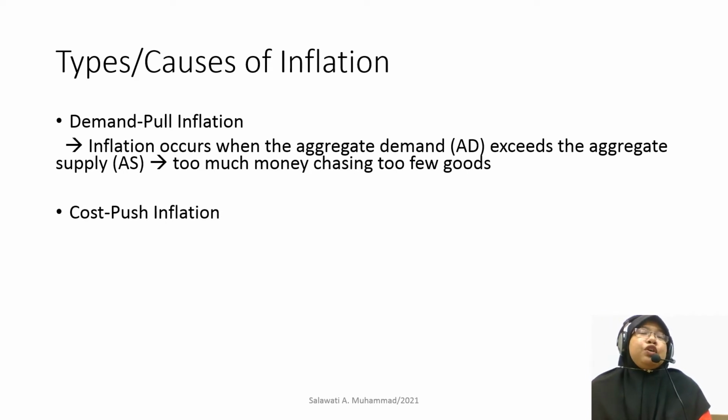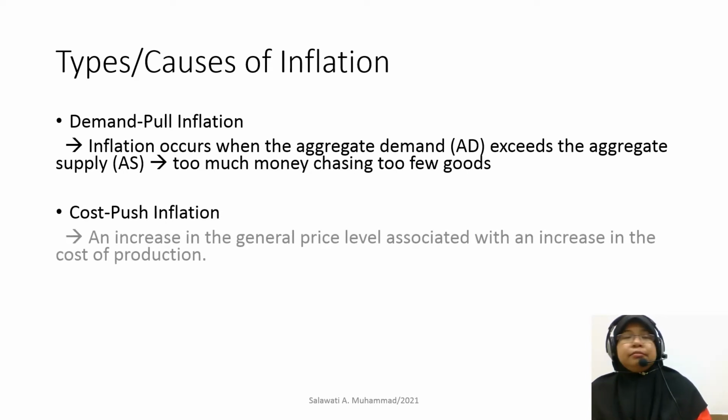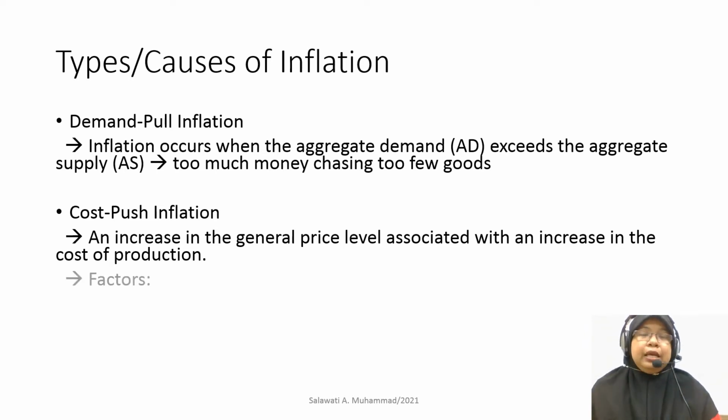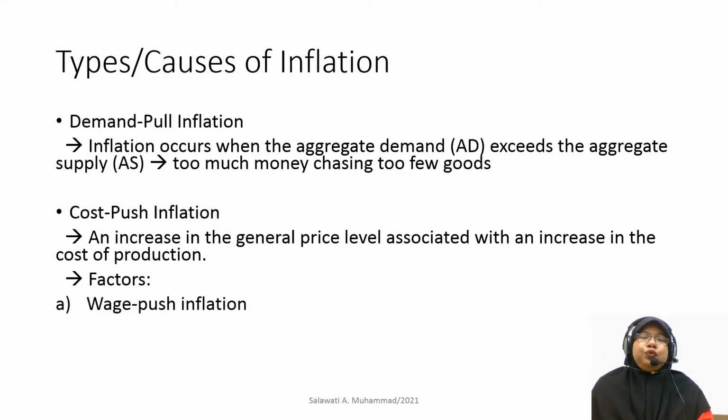The second one is cost push inflation. So it shows an increase in general price level associated with an increase in the cost of production. So we have several factors which lead to cost push inflation. The first one is wage push inflation. Wage push inflation occurs due to an increase in the wage level which leads to an increase in the cost of production and the output price.